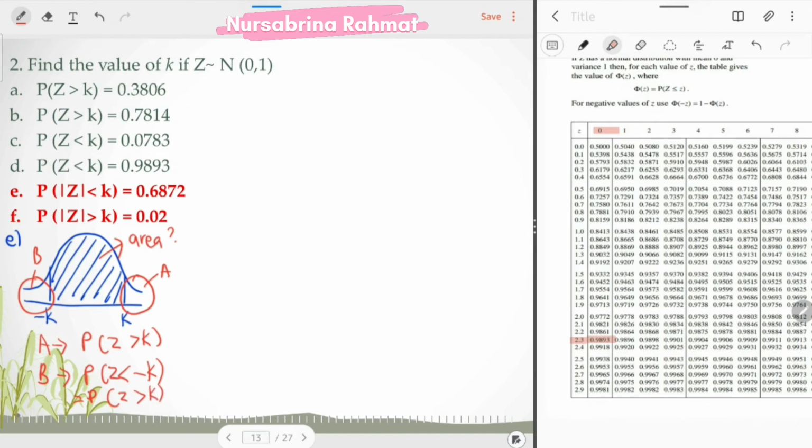So A and B are equivalent in terms of the size of the area.